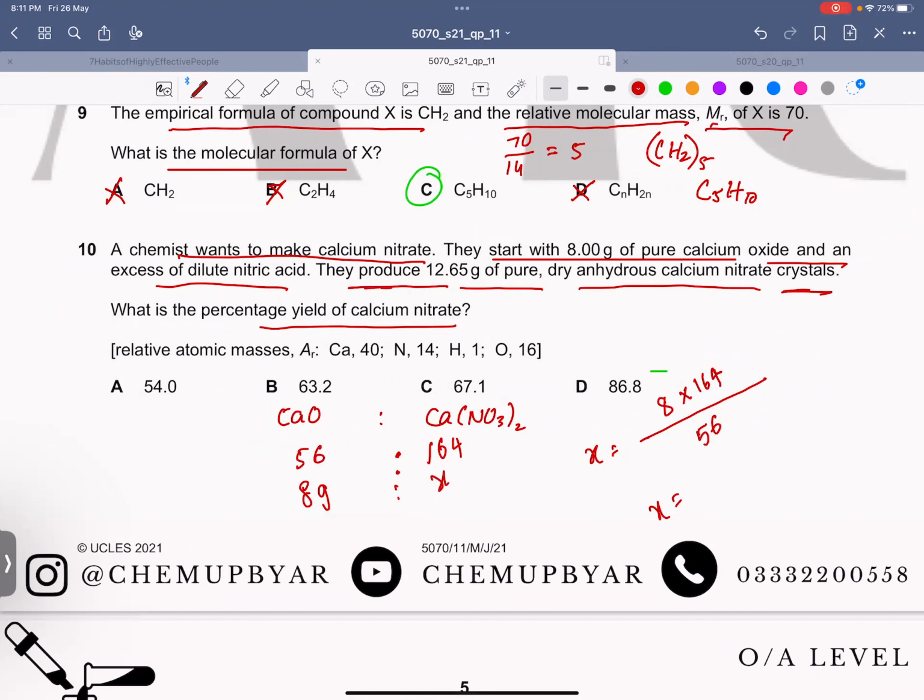Are you getting 23.43? Yes, sir. Okay, 2 nitrogen makes it 28. 28 plus 12 times 6 times 16.